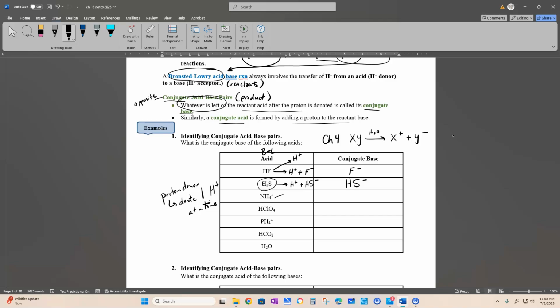So if I give up a proton, I take that hydrogen, I now have NH3, but do I still have a charge? Well, remember, I took a hydrogen and the positive. So that positive is now gone. So I have what's called ammonia.